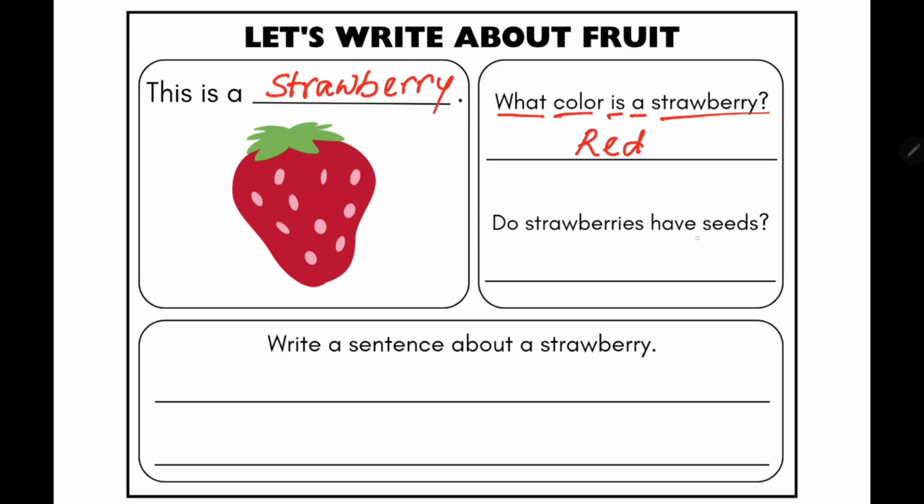Do strawberries have seeds? Strawberries have seeds in their outer part. See, there are so many seeds. So here we can write yes. Write a sentence about a strawberry. Strawberry is red in color. See how I'm writing this?